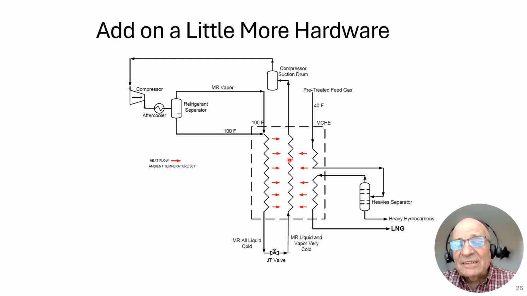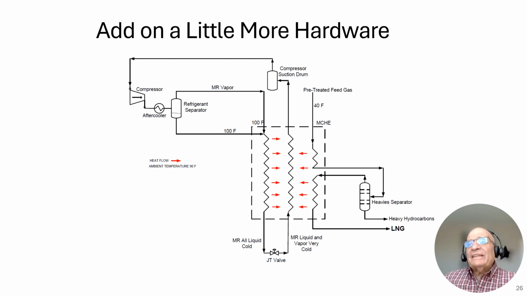And that heat makes this become 100% vapor. So now the MR at 100% vapor goes into a suction drum. You do that to make sure no traces of liquid may carry over and damage the compressor. And then from there, it goes into your compressor. And then from your compressor into your aftercooler, and the process starts all over.